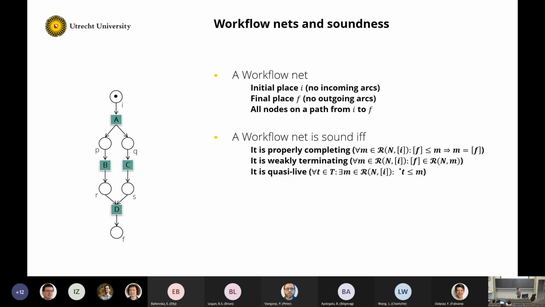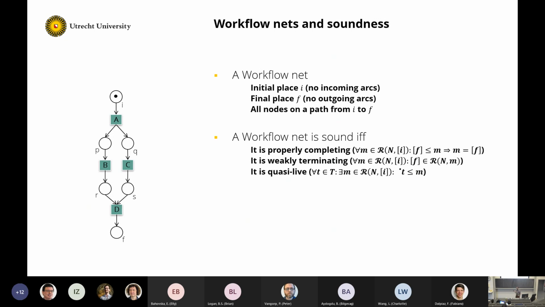And the third property, quasi-liveness, says every transition has some function in the process. So it is always possible for each transition to start from the initial place, reach the transition and execute it. And so each transition makes sense in the model. So those are the 3 properties of soundness.